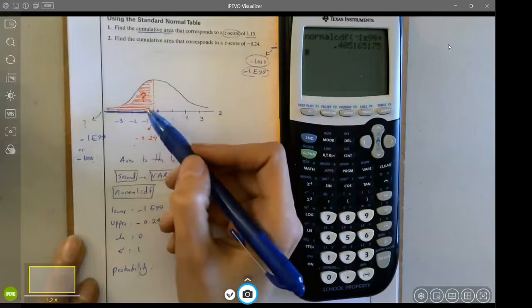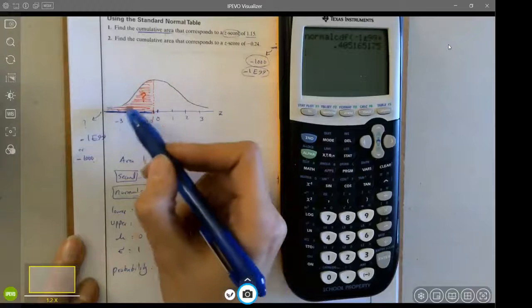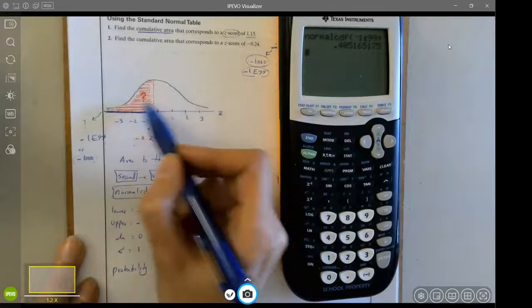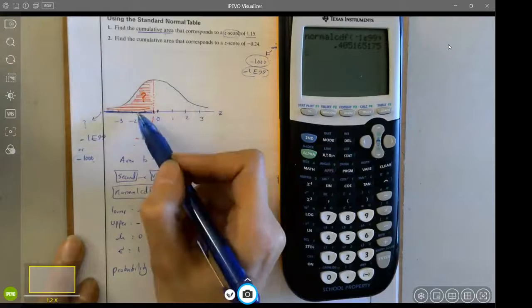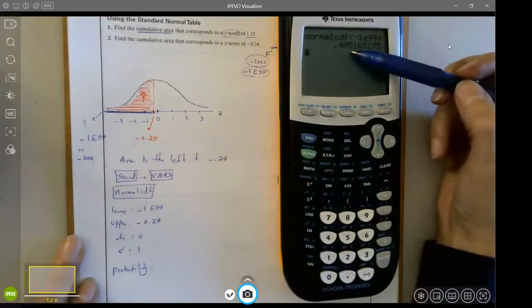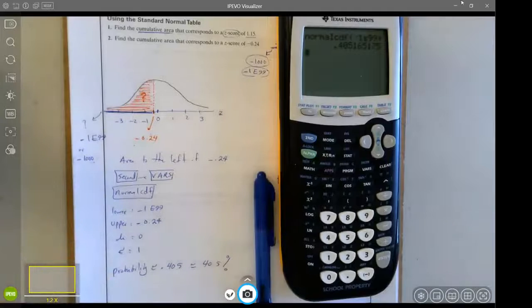Before doing any calculation, we looked at it at the beginning of solving this question: the total area is 100%, and this is less than half of it, so less than 50%. And as we calculated, we have 40.5%. So this probability is 0.405 or 40.5%.